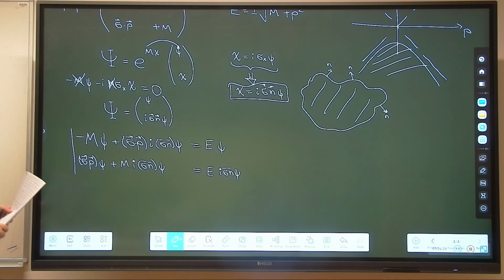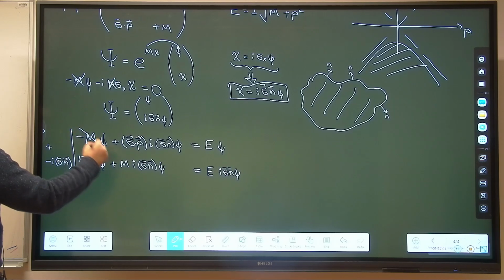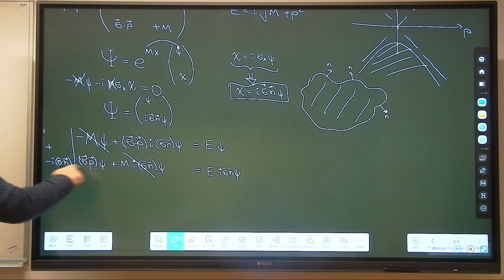I take my second equation and I multiply it with minus i sigma n. And then I add the first equation to it. When I do this, I will cancel these two terms, because sigma n squared is just 1, minus i times i is 1, and minus m plus m is 0. And also, just look what happens. This term will cancel against this term, and these two remain, and I can write them like this.